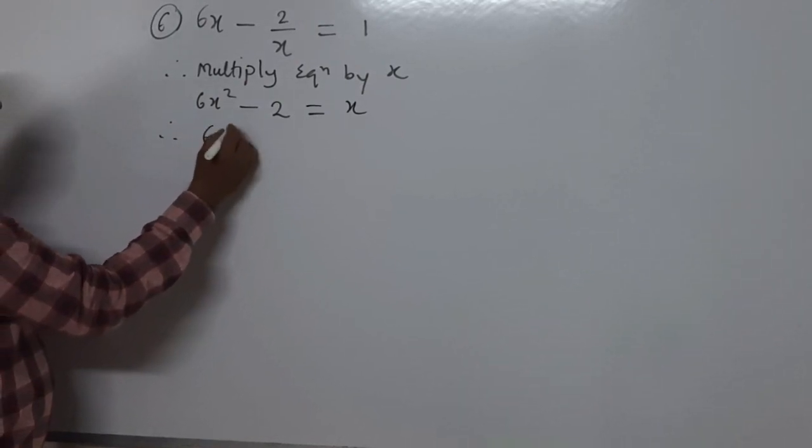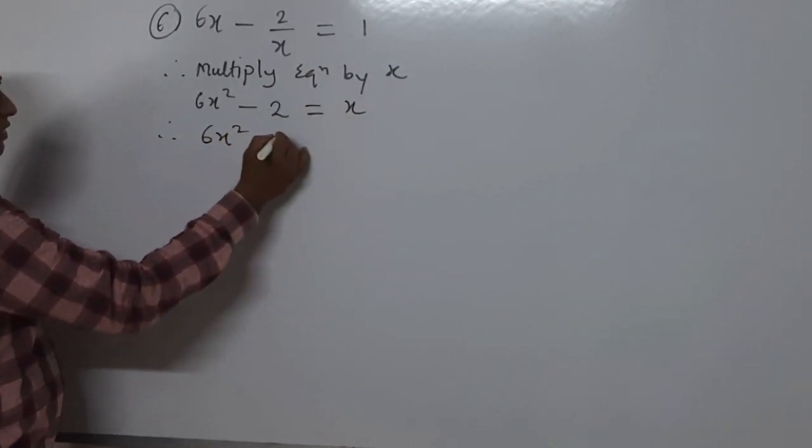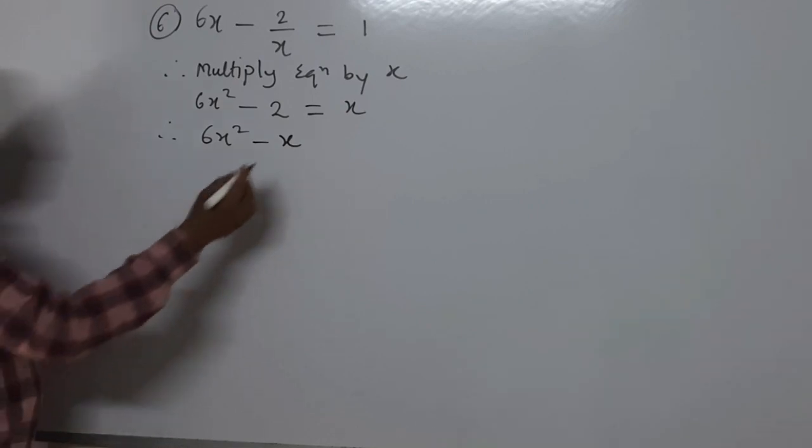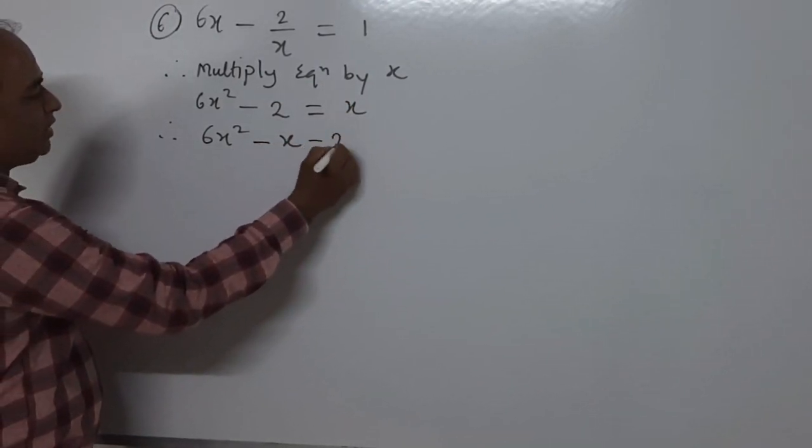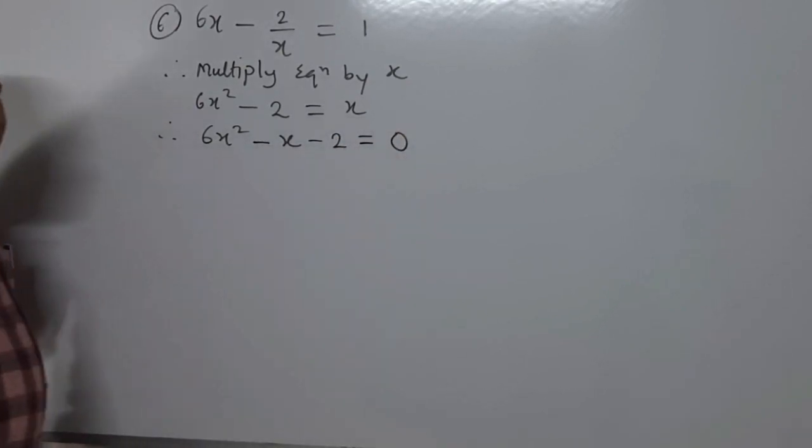Therefore 6x square, minus x on the left hand side, minus x minus 2 is equal to 0.